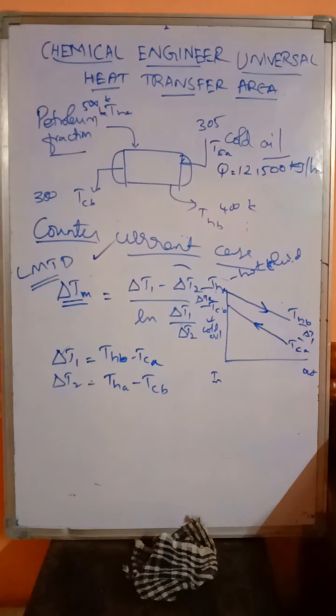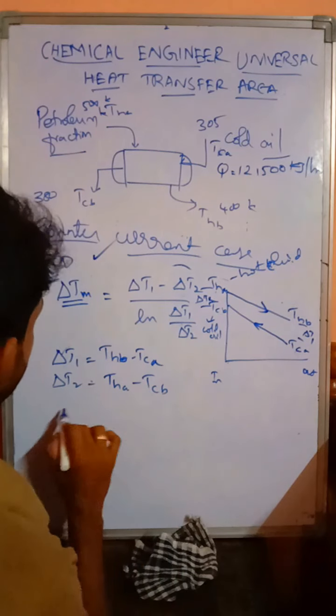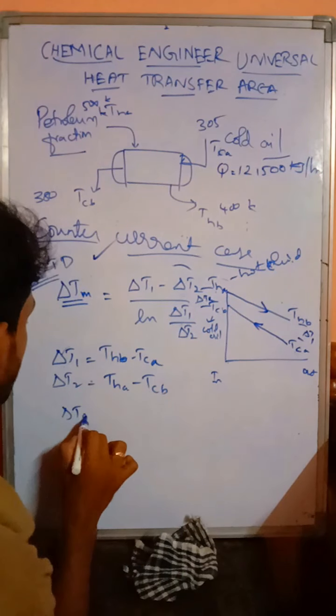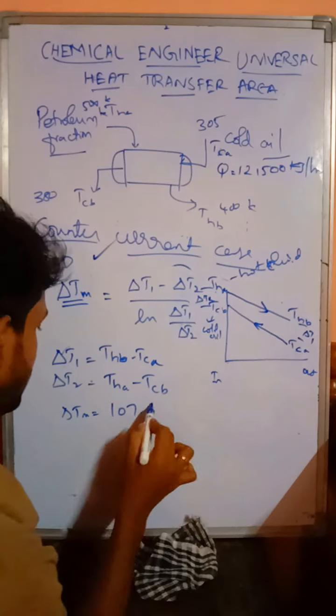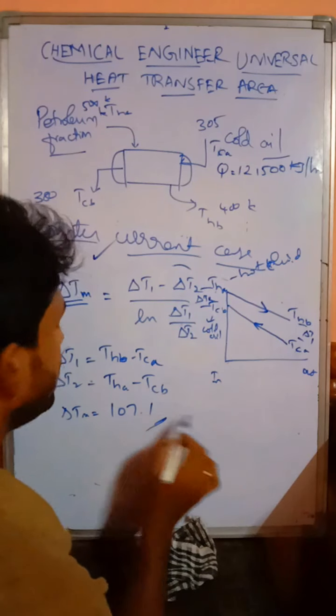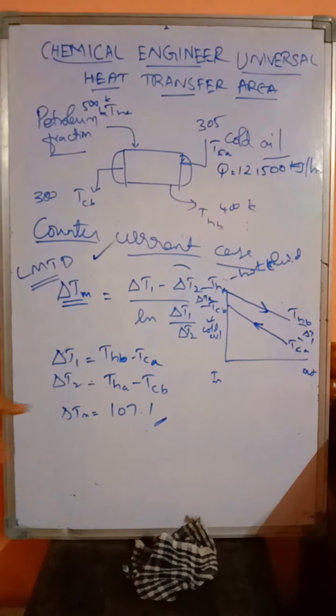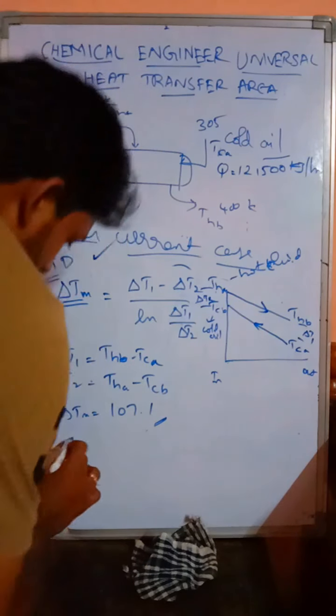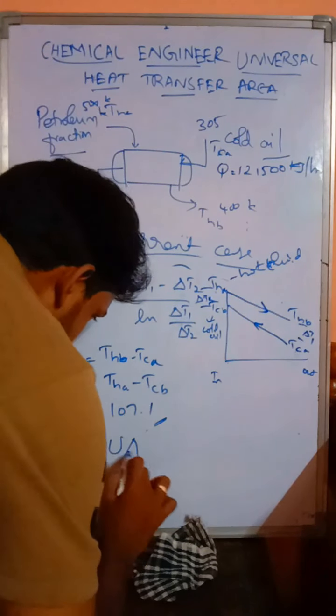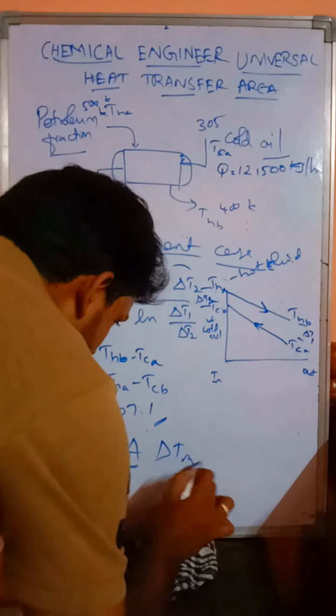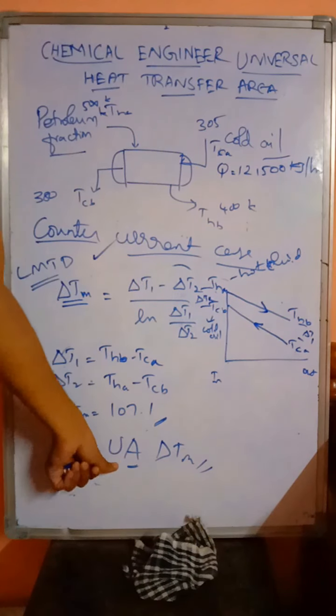I already found this value. For this case, it is coming like 107.01. I don't want to take much time. This is dimensionless. So 107.1 is the value. If you apply this value to find out the area, you need to have U also.